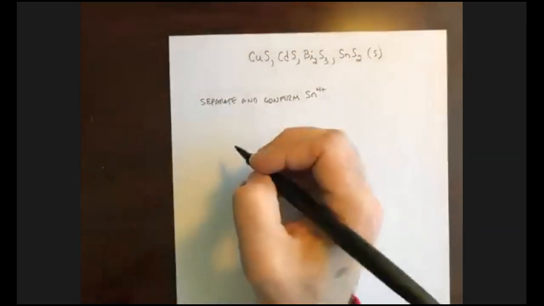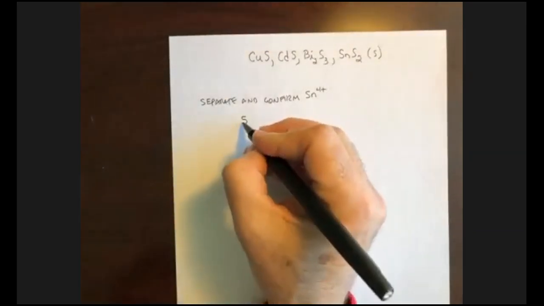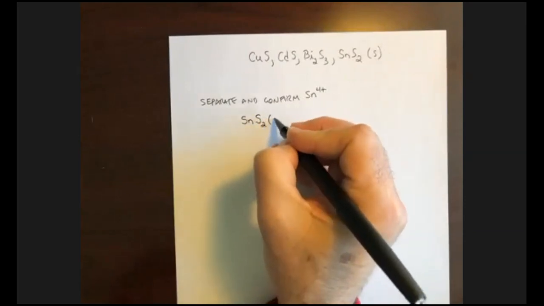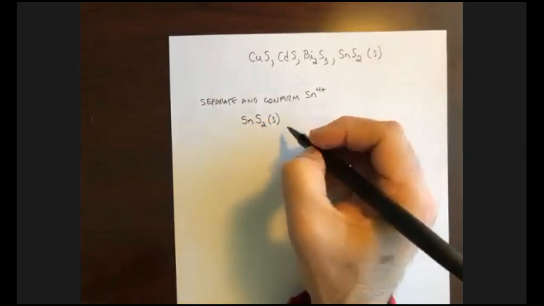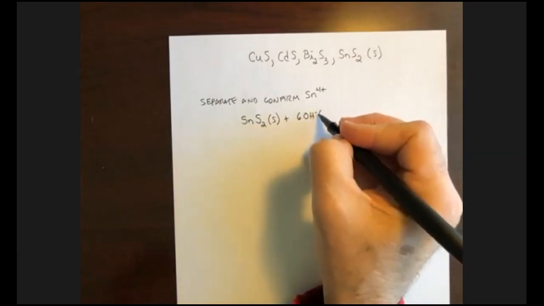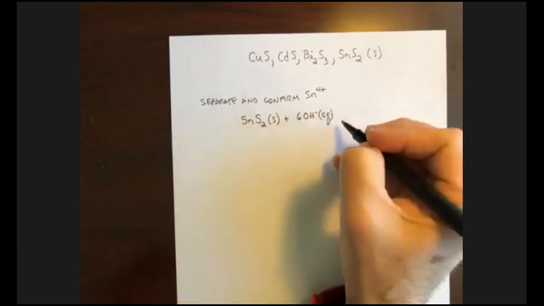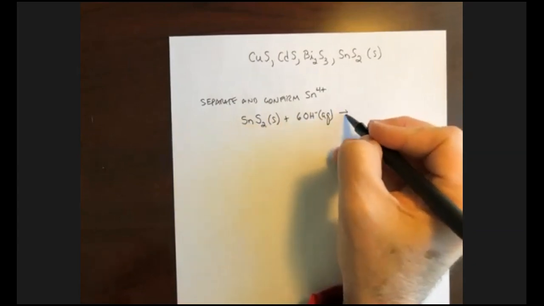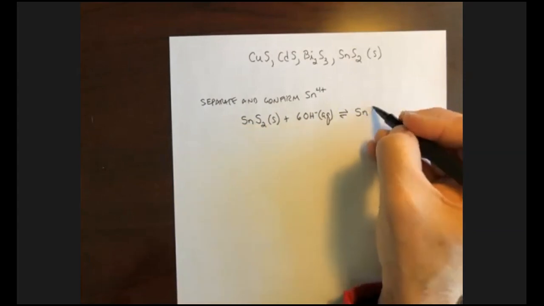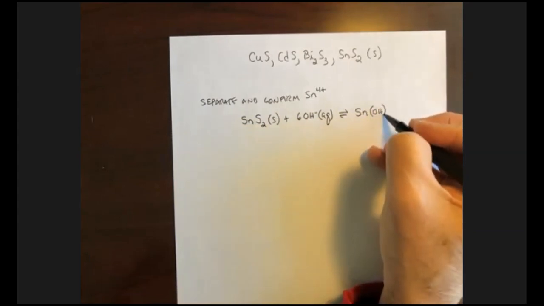Well, it turns out that if you have this sulfide of tin here, in the presence of sufficient hydroxide ions, it forms a complex between the tin ion and the hydroxide ions.